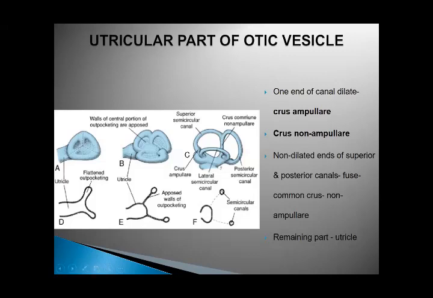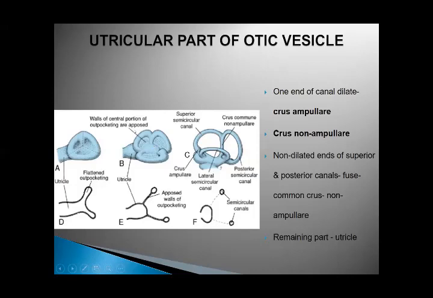Now, God has made it in such a way that the non-dilated ends of the superior and the posterior come in contact with each other. So the crus non-ampullare of the superior and posterior semicircular canals come in contact with each other and fuse with each other and form a common crus non-ampullare. Okay, the remaining part you know, this became the utricle.